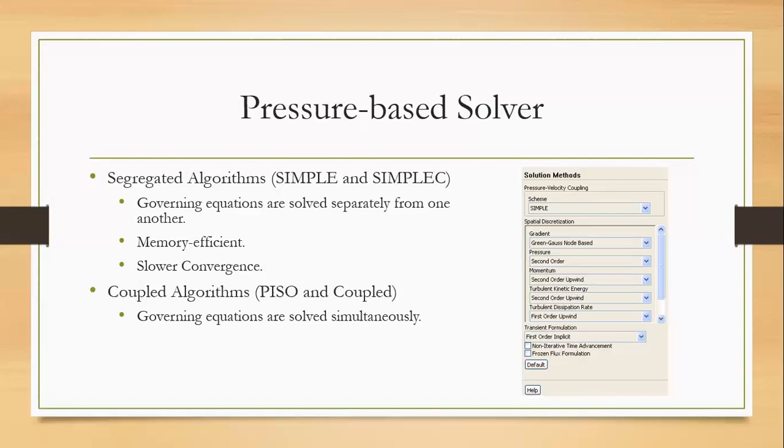So if, let's say, with segregated algorithms you reach convergence in 20 iterations, you will find that with coupled algorithms the convergence is faster. With the coupled algorithms, those 20 iterations that we took in the SIMPLE algorithm may take only 10 or 15 iterations. So coupled algorithms always have faster convergence, but consequently they need more memory to solve.